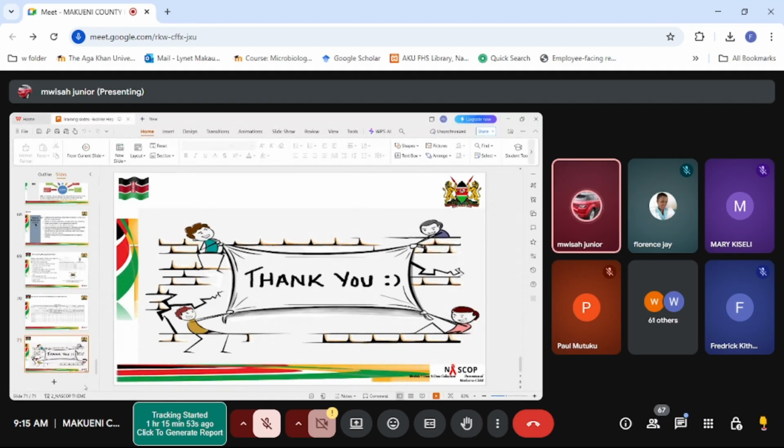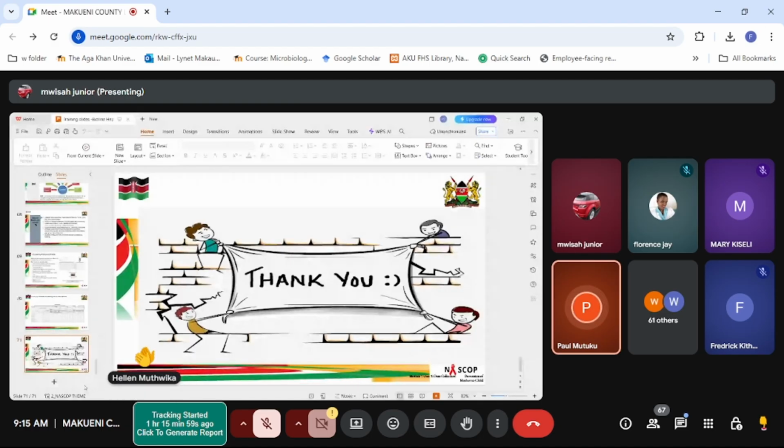Back to the moderator. Okay, thank you. Thank you very much, Mr. Mwisa, for that informative and enlightening presentation. I like the simplicity, the clarity, and the practicability of the presentation.